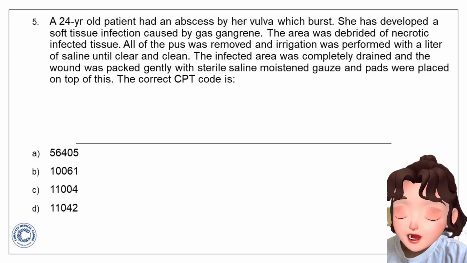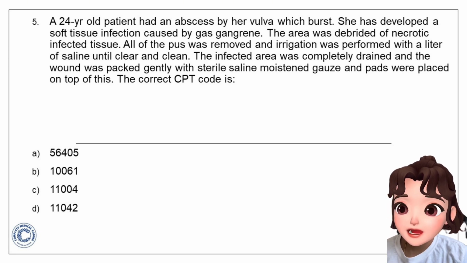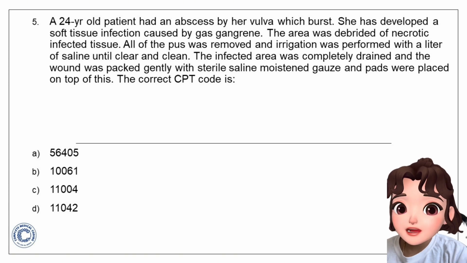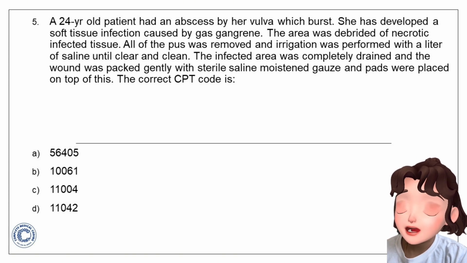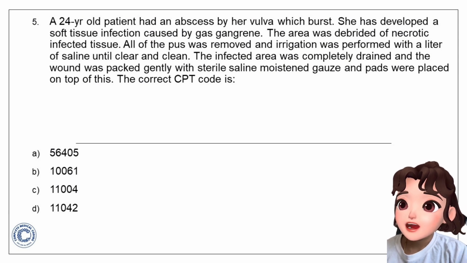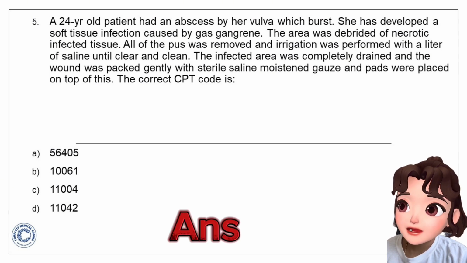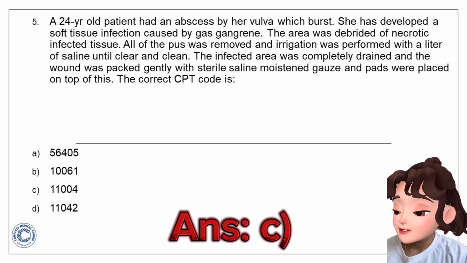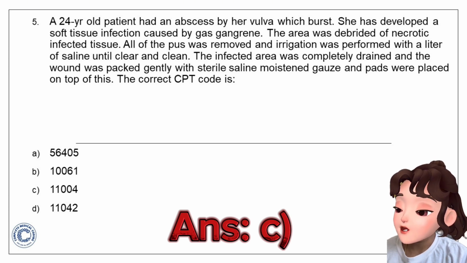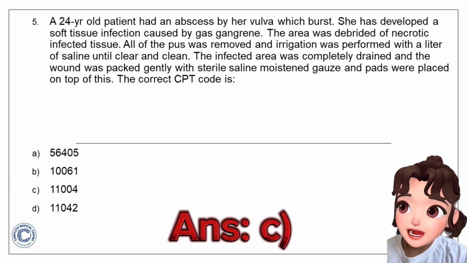Debridement of subcutaneous tissue, includes epidermis and dermis, first 20 square centimeters or less. Here nothing is mentioned about square centimeters or area. The exact area is mentioned as vulva, which is external genitalia. So the correct answer is option C, 11004, debridement of skin, subcutaneous tissue, external genitalia.